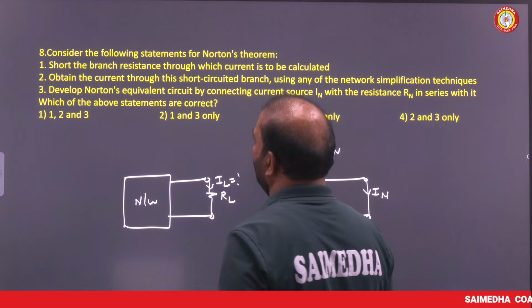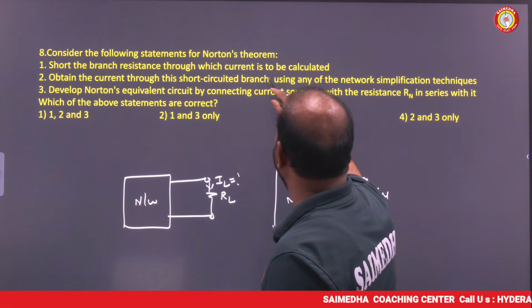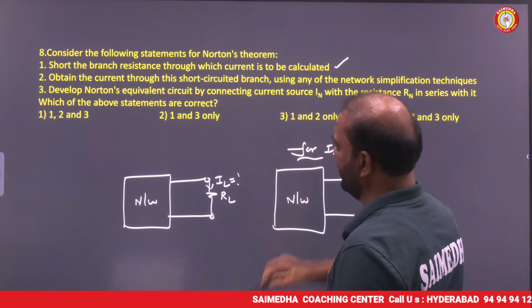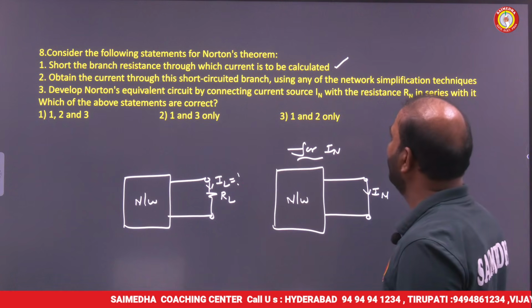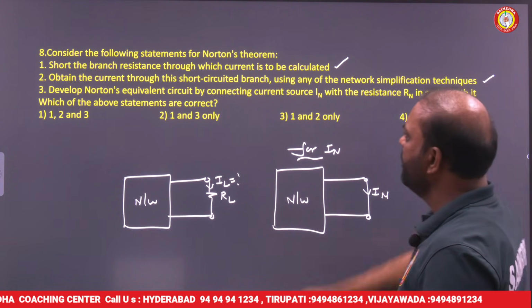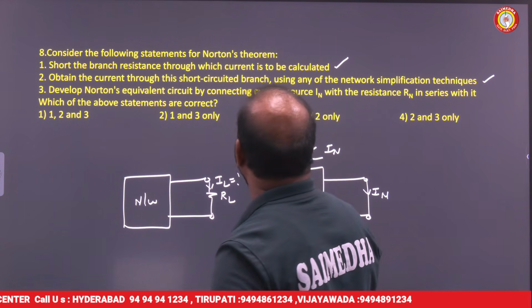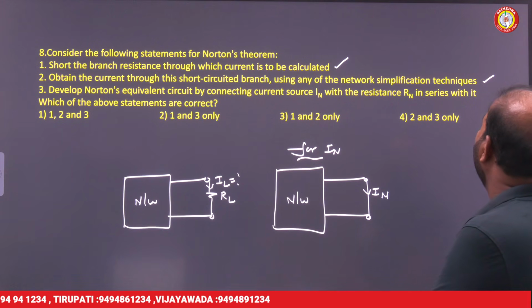This is Norton's current. So this is right. Obtain the current through the short circuited branch using any of the network simplification techniques. This is also correct.